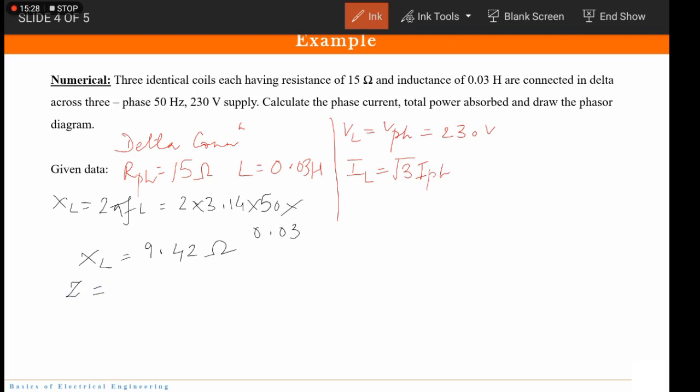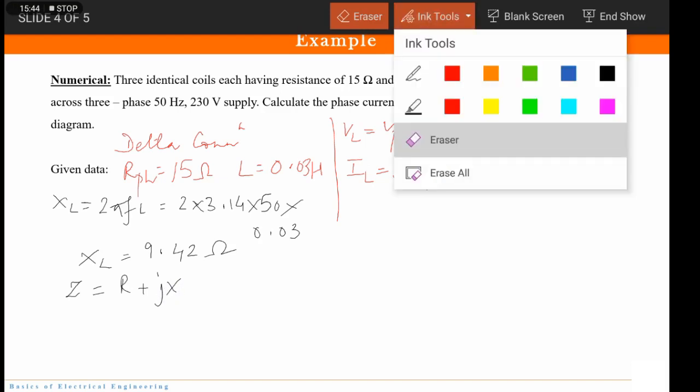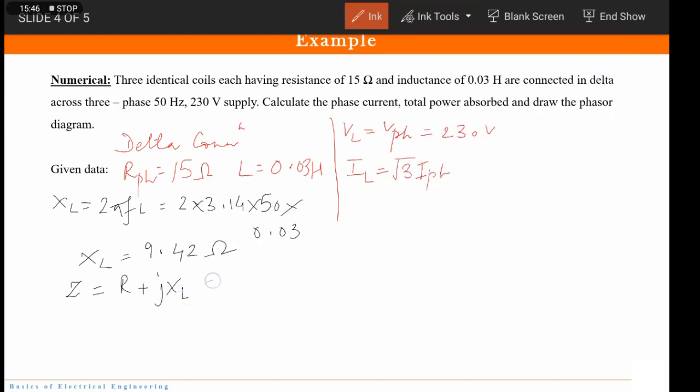So what will be my impedance now? Resistance of 15 ohms and inductance of 0.03 Henry are connected, so the total impedance becomes R plus jXL. Yes, R is 15 and j is 9.42.